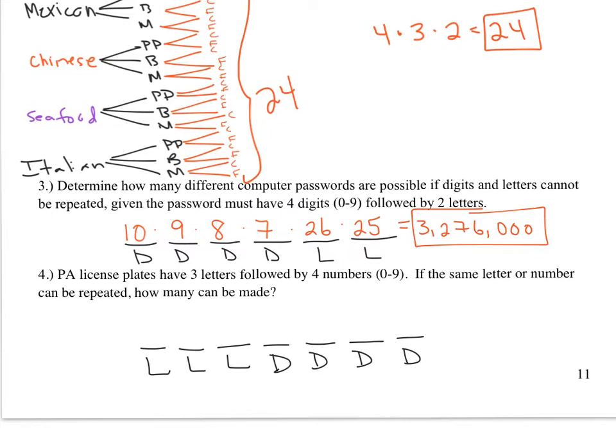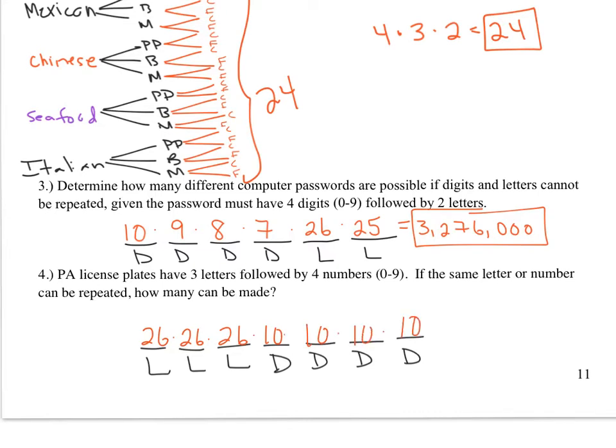This one is a little bit different because we are allowed repetition. For the first letter, we have 26 options. We again have 26 for the second letter because we can repeat them. 26 for the third, and then for the digits we again have 10.